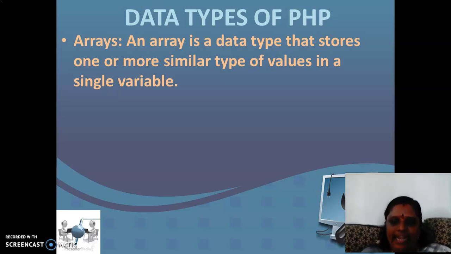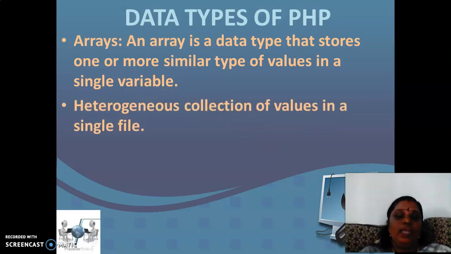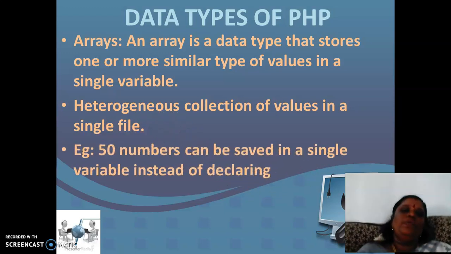Instead of saying 8th A student, 8th A student, 8th A student for 30 students, we can say the collection of 8 A students, right? Likewise, 50 numbers can be saved in a single variable instead of declaring 50 variables.